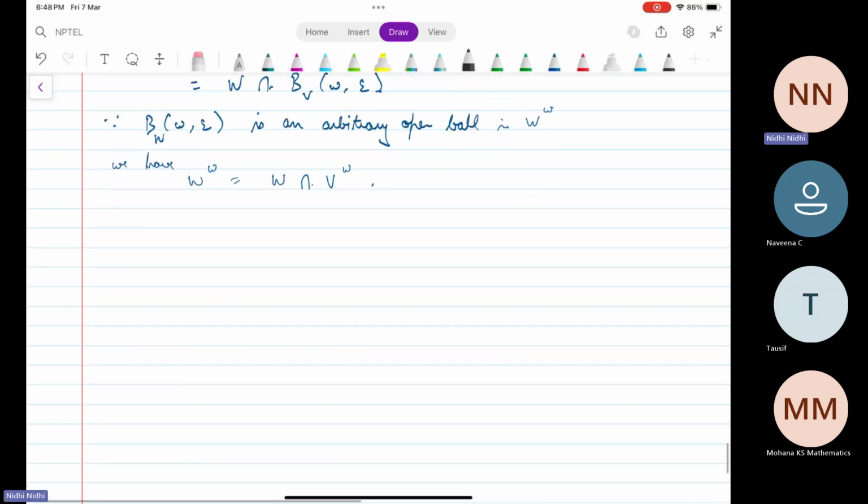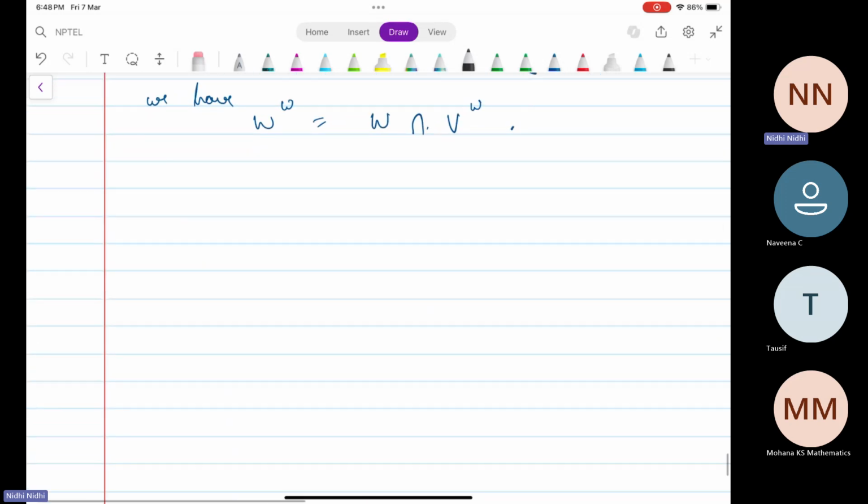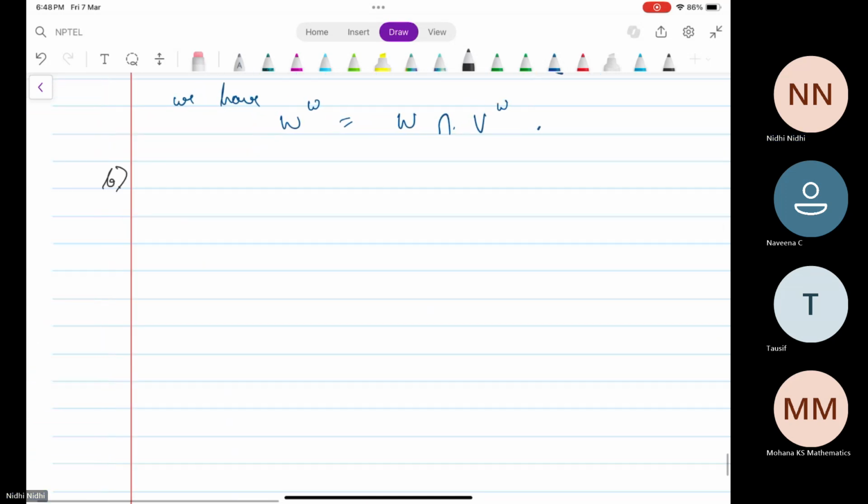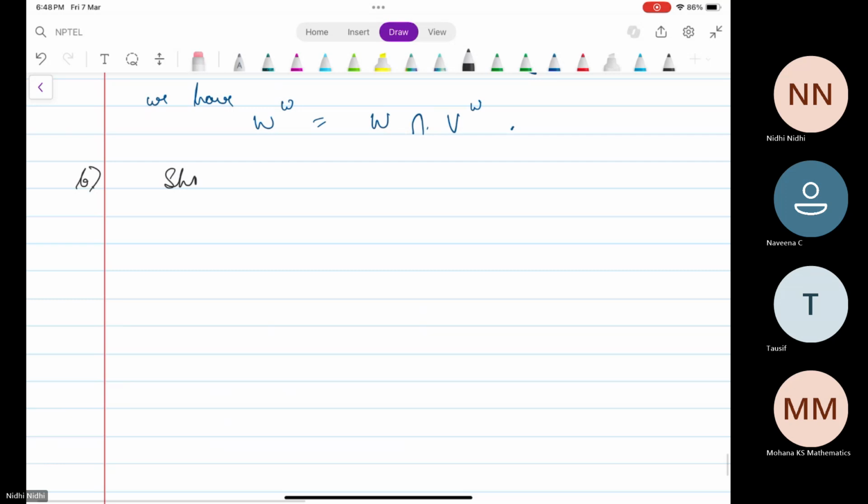Let's move towards part B. Show that the strong closure of W is equal to the weak closure of W when W is a subspace of V. Solution.